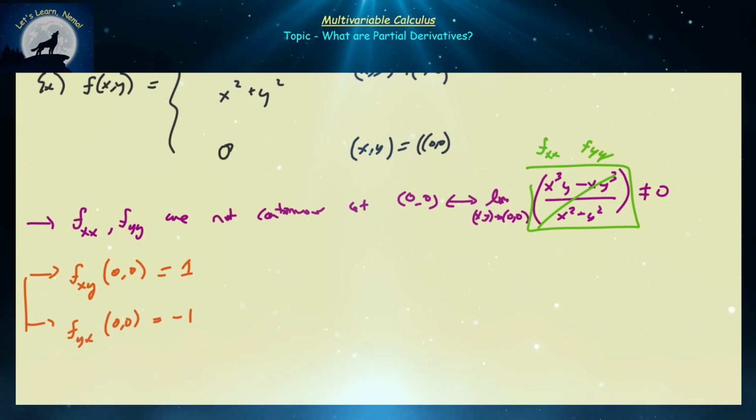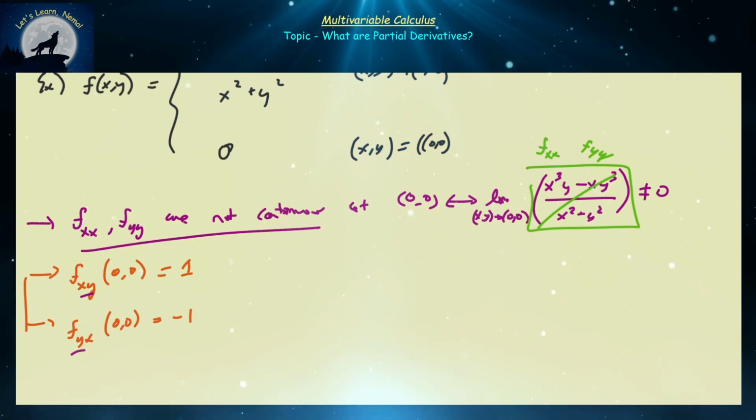So we actually have different values when you change the order of partial derivatives, right? Keep in mind, Clairaut's theorem guarantees that if the second order partials are continuous, then the mixed partials are equal to one another. And when we don't have continuity of second order partials, then the mixed partials could be unequal to each other. And here's an example of that.